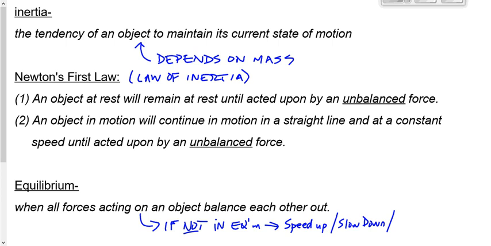Change direction. If it's in equilibrium, it's either at rest and it stays there, or it's moving at a constant velocity in a straight line. If it's not in equilibrium, it's either going to speed up, slow down, or change direction.